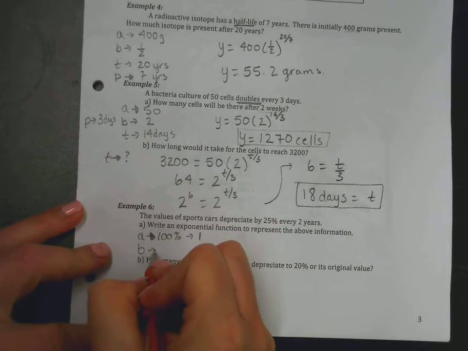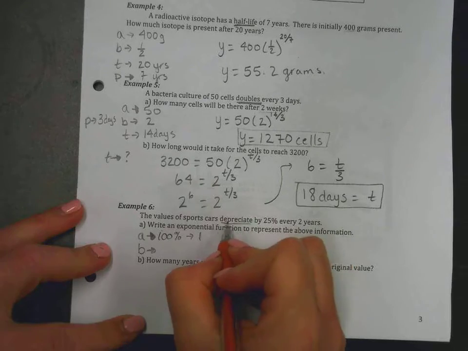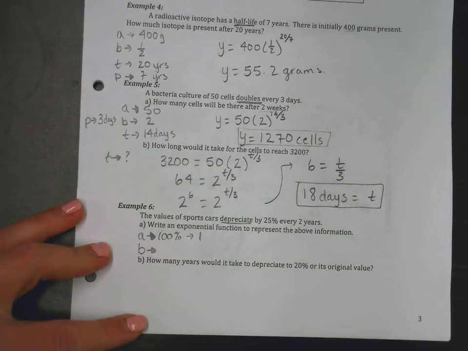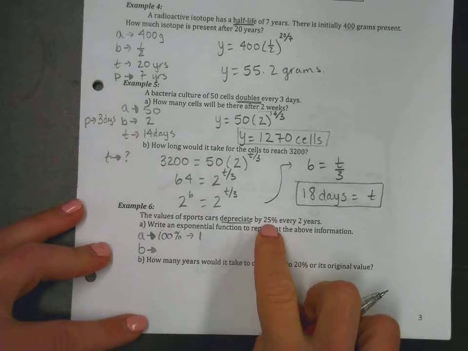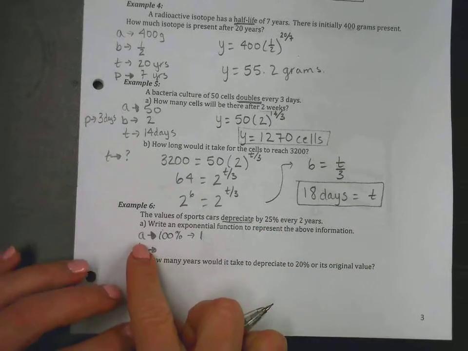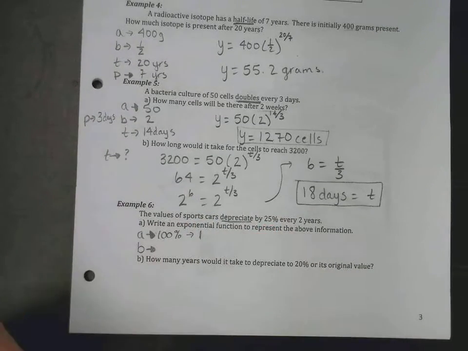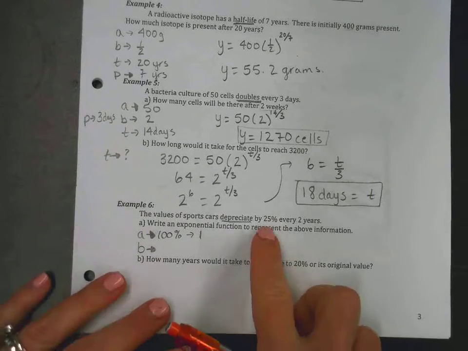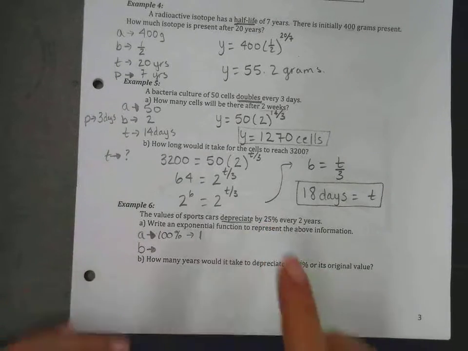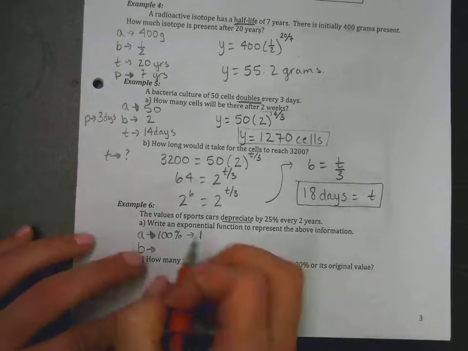Our B value, it depreciates by 25%. So when we talk about depreciation, we actually want to take this and subtract it from 1, because we don't want to multiply the car's worth by what it depreciates by. We want to multiply the car's worth by what it's still worth every 2 years. And every 2 years, if it depreciates 25%, then it's actually still worth 75% of its original value.